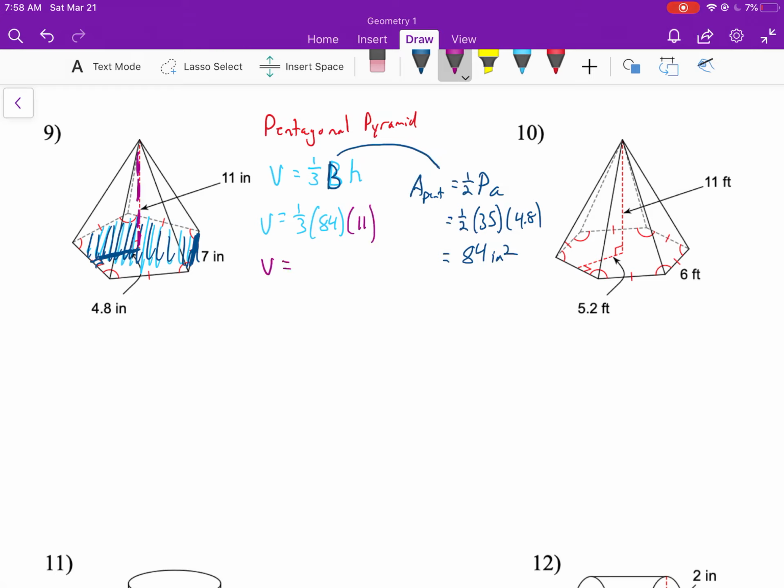And then we can multiply this out. We have 1/3 times the 84 times the 11. And that's 308 inches cubed. So hopefully that helps you as you work through here.